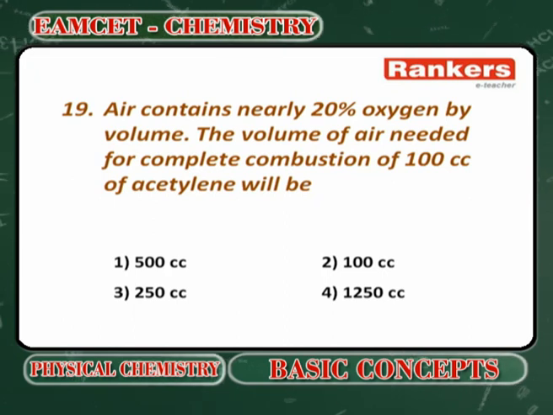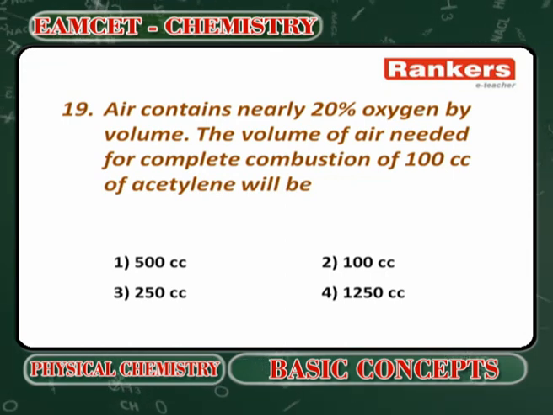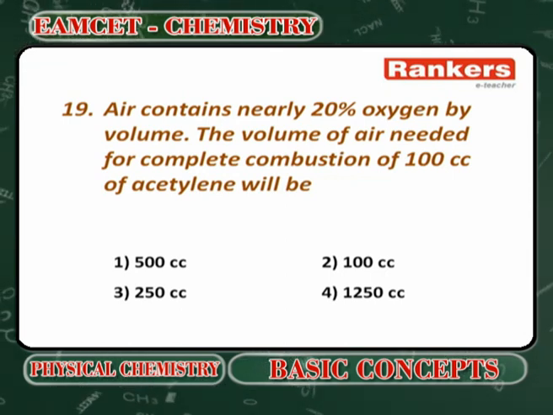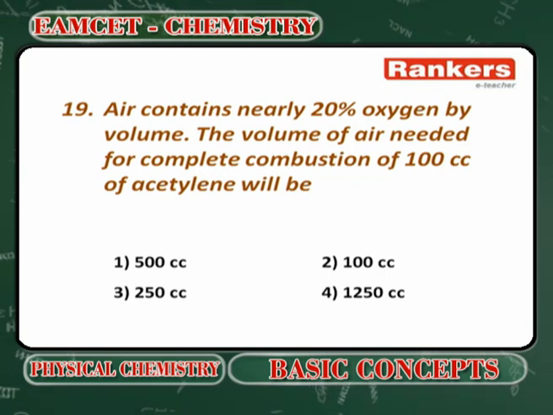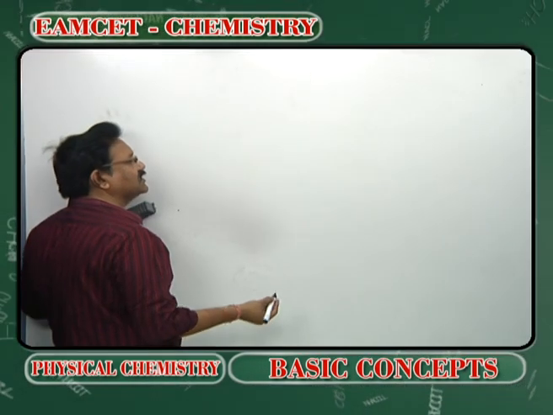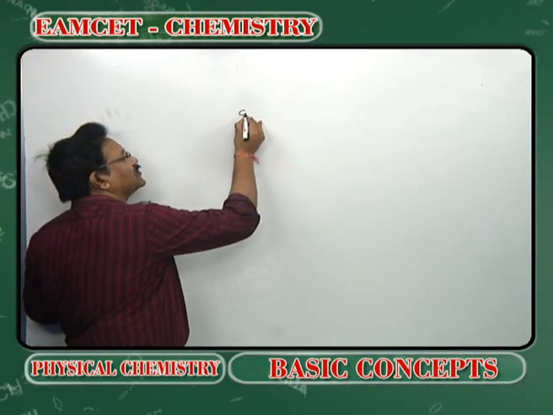Next, air contains 20% of oxygen by volume. The volume of the air needed for the complete combustion of 100 cc of acetylene. What is the general equation?